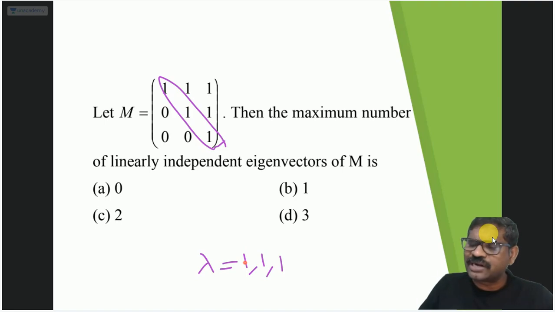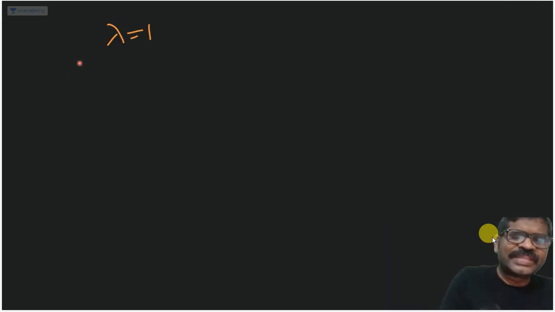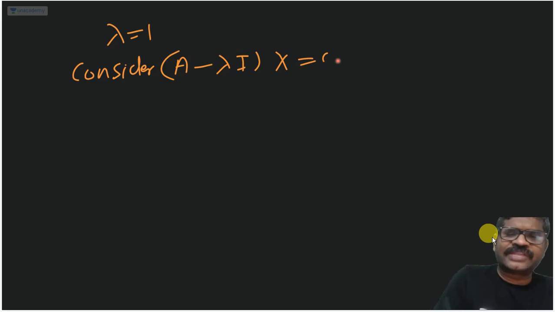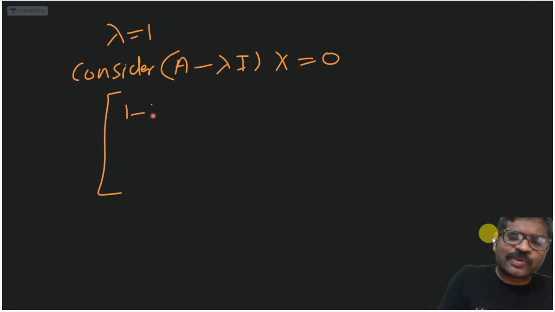Don't use the lottery system here. Lambda equal to 1. Consider (A minus lambda I) x equal to 0. Now, M minus lambda I means 1 minus 1, 1, 1; 0, 1 minus 1. Lambda is 1, that's why I am directly substituting 1.